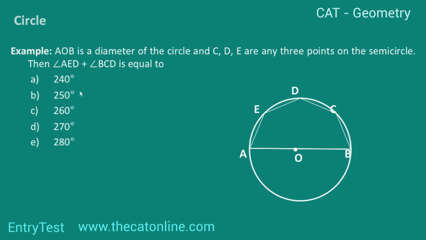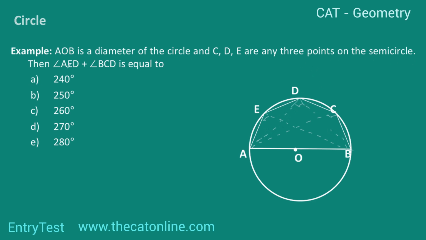Moving ahead, I would look at another example related to chords. AOB is the diameter. So if AOB is the diameter, that means the angle subtended by the diameter would be 90 degrees. This angle ACB will also be 90 degrees. Any 2 points joined on the circumference of the circle with the diameter as the chord would always give you an angle of 90 degrees.